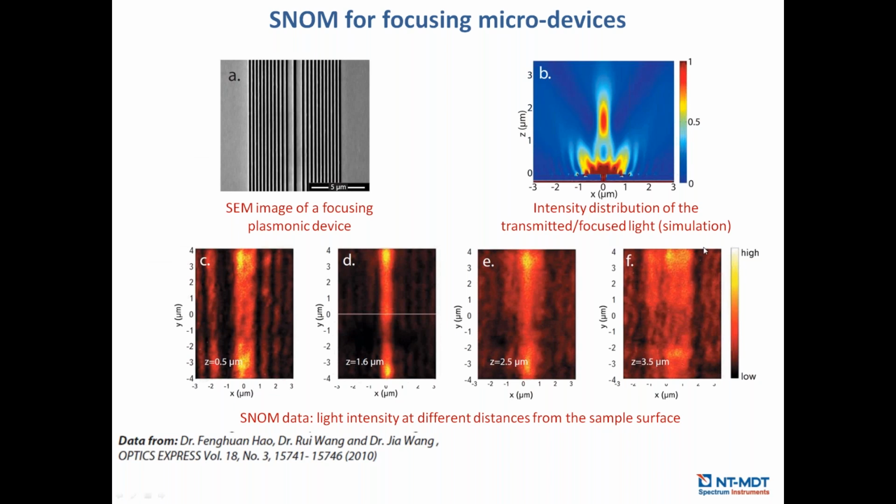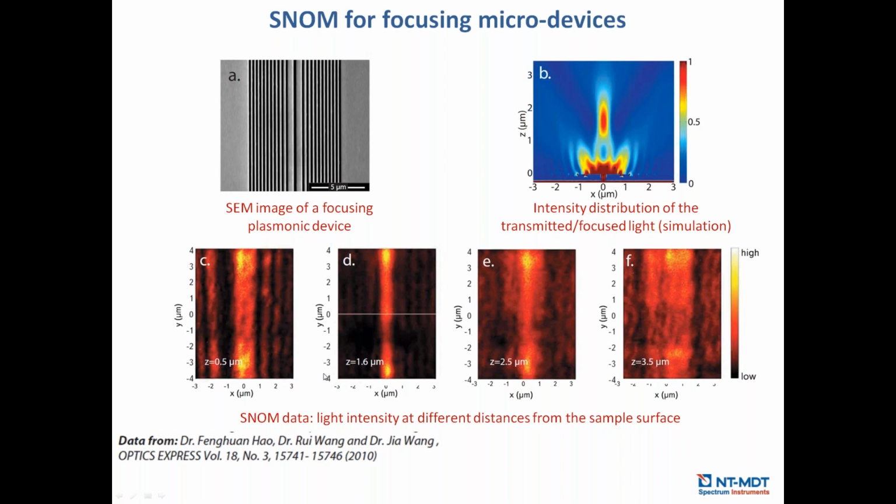And here, this is an example of a microfocusing device and scanning of the signal layer by layer on top of the surface. This is a simulation on the top right side. And we can see that according to the simulation, the best focusing should appear at about 2 microns from the surface.